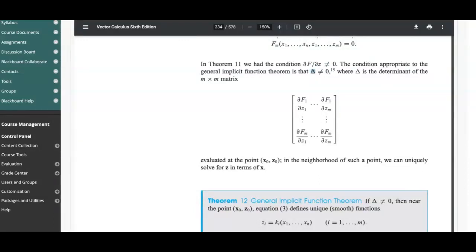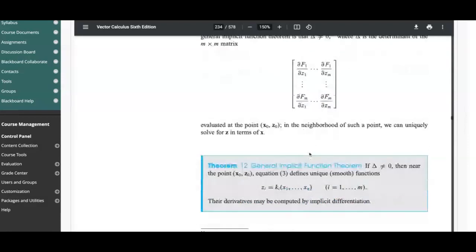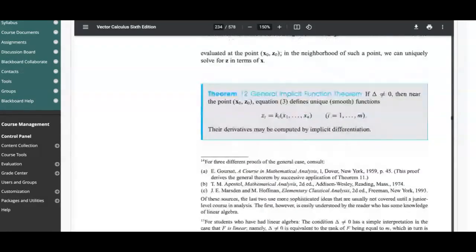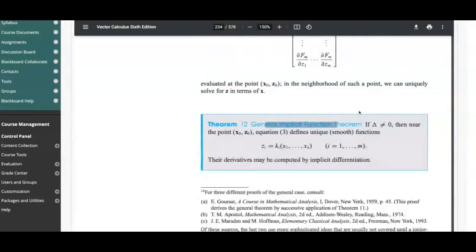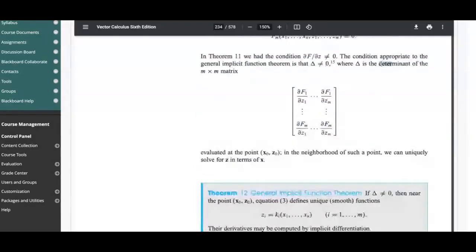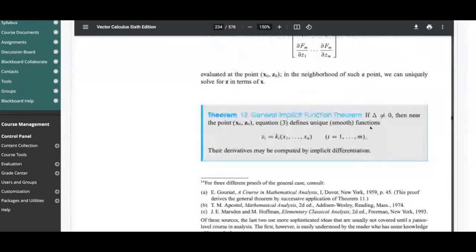What is this? This is the n by n matrix, coming from all those components. Okay, so this is the general implicit function theorem. We've seen this m by m matrix is not 0. The determinant, all right? The determinant of this m by m matrix is not 0.